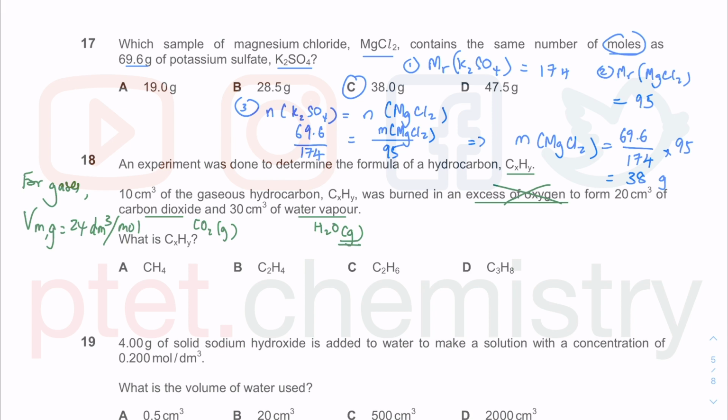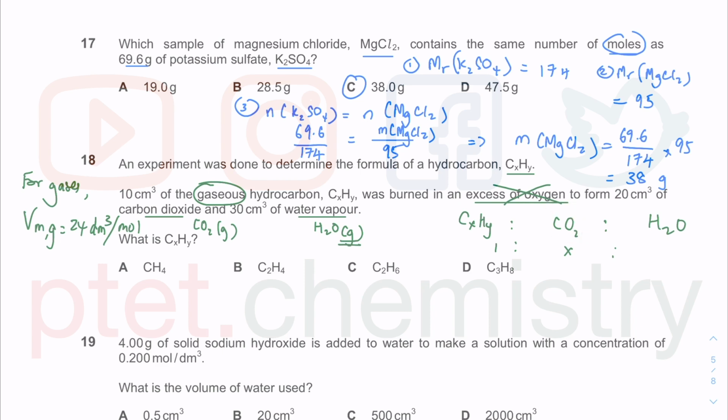So what can we say? If CxHy is also gaseous, we can imagine CxHy to CO2 to H2O. You are just reacting with oxygen, so all your carbon comes from the x, because if you have one of these, all your carbon goes to CO2 as you burn in excess oxygen. You just produce CO2 and H2O.